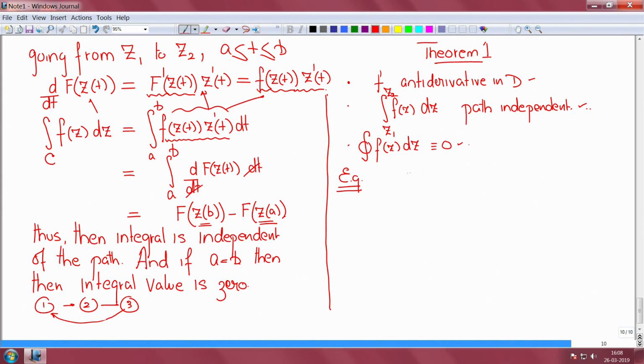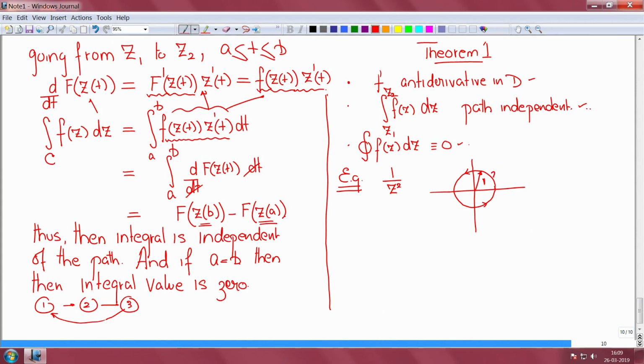The example is this. I have a function 1 over z square. It is obvious that this function is not well behaved at the origin. At z equal to 0, this function is not well behaved. And let us consider a simple closed contour which is a circle of radius 1.